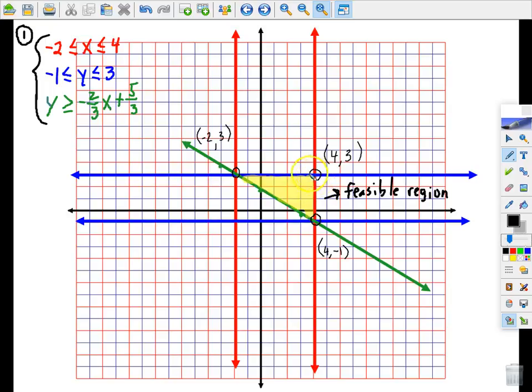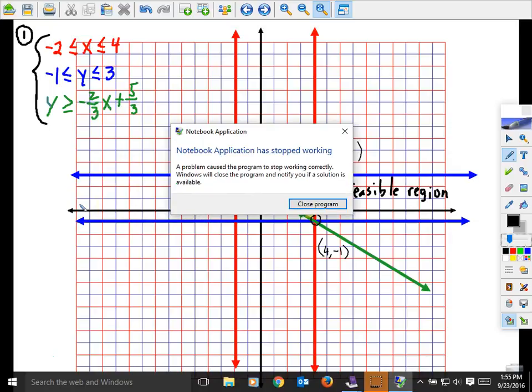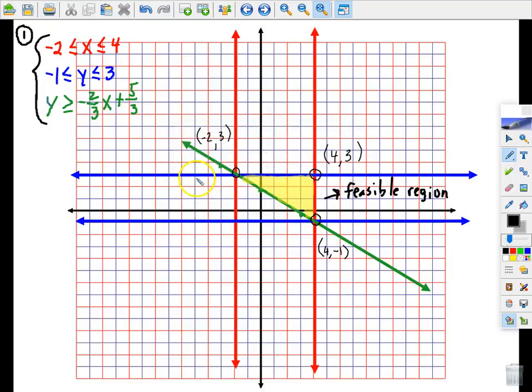Okay. So those are our vertices, and now the problem says that we're supposed to both maximize and minimize the given objective function. And the one that's given to you is p equals 2x plus 7y plus 4.